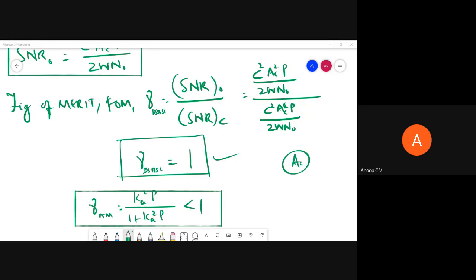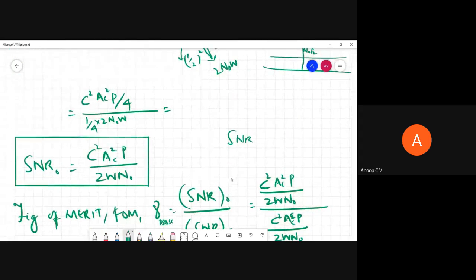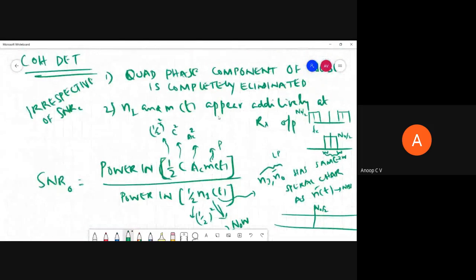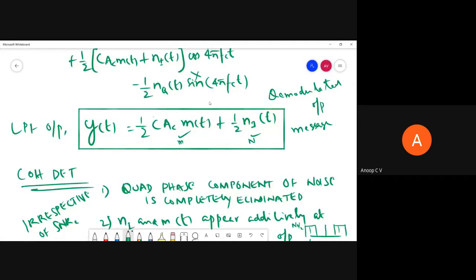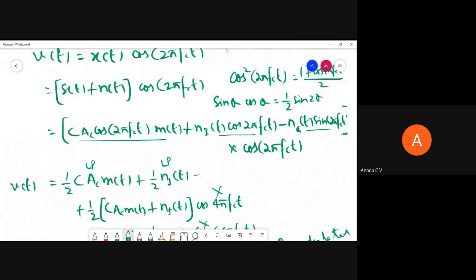Right. So one thing, maybe what I feel is normally you used to get confused is this input signal to noise ratio while you are evaluating. So maybe what you can do is you don't have to consider after the band pass filter, you can consider before the band pass filter.